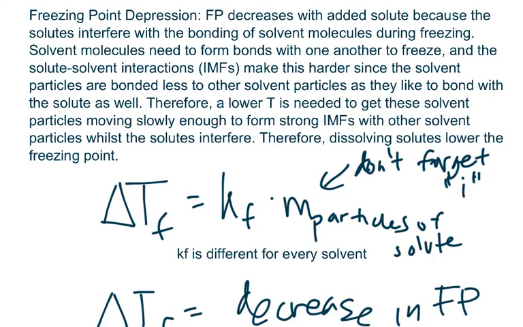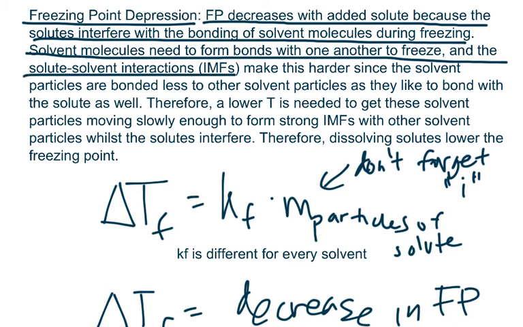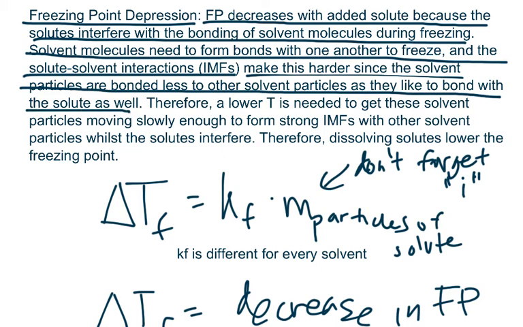Now let's talk about another colligative property, freezing point depression. Freezing point decreases with added solute because the solutes interfere with the bonding of solvent molecules during freezing. Solvent molecules need to form bonds with one another to freeze, and the solute-solvent interactions, which are mostly IMFs, make this harder since the solvent particles are bonded less to other solvent particles, as they also like to bond with the solute as well.